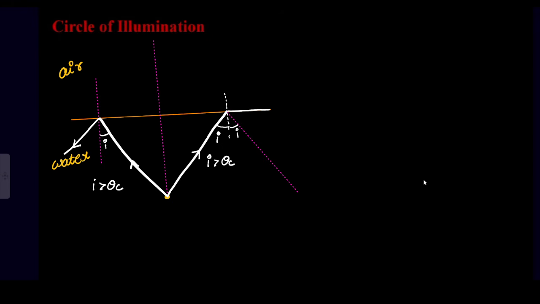The person who is observing, let us say the person who is observing here, which part of the light rays can he see? You tell me now. In this region here, this angle is greater than theta c. Now you tell me, so many light rays will fall here, here also will fall now.